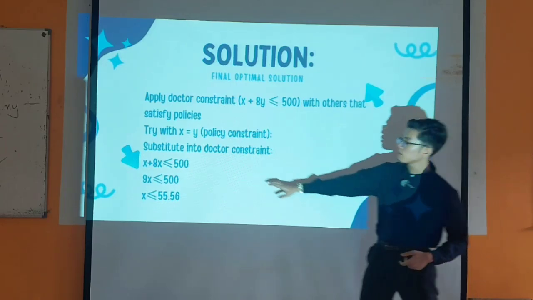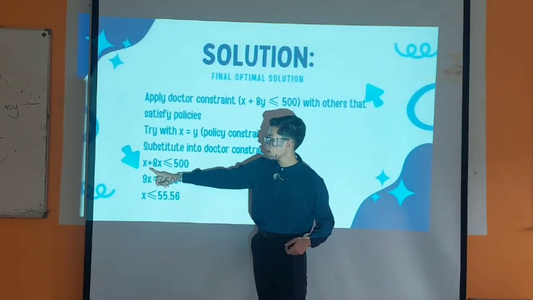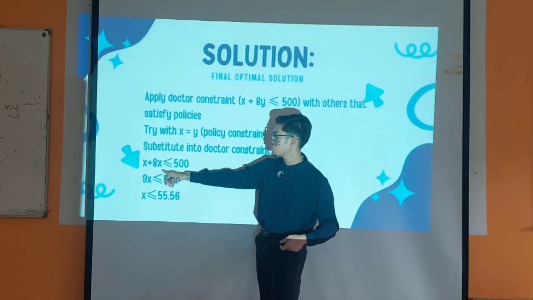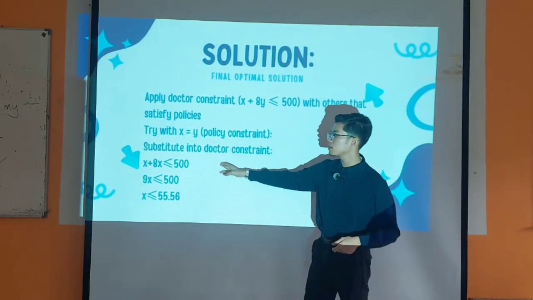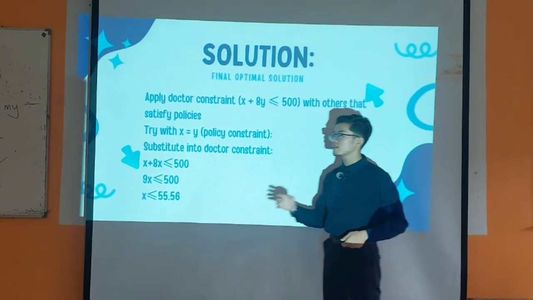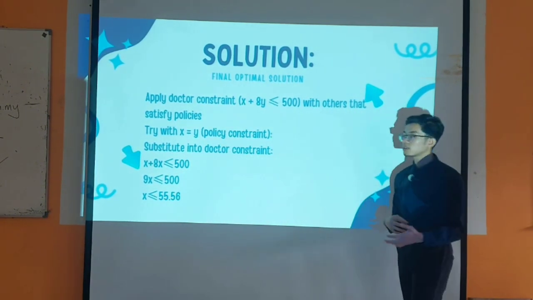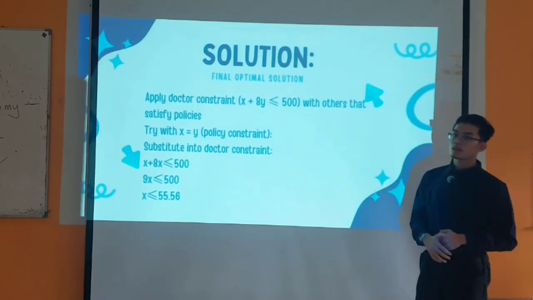So we substitute x for y, so we will get x plus 8x less than or equal to 500, and we get the answer x is less than or equal to 55.56. Okay, next.